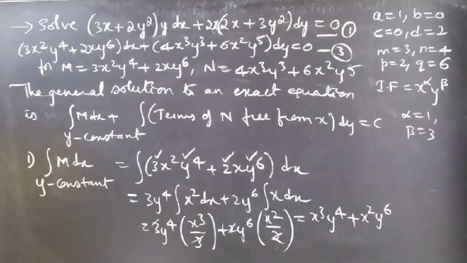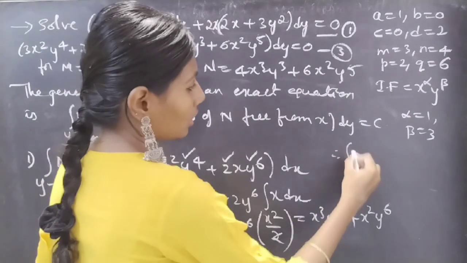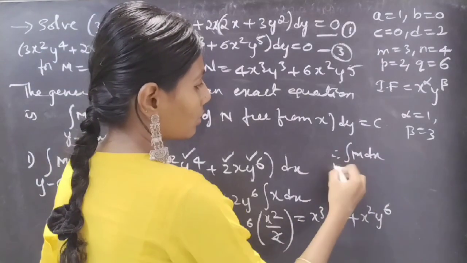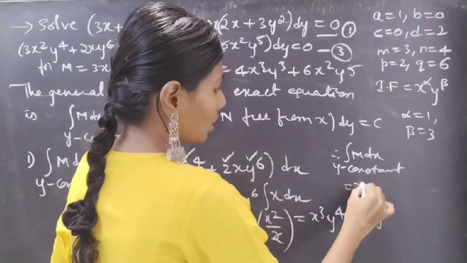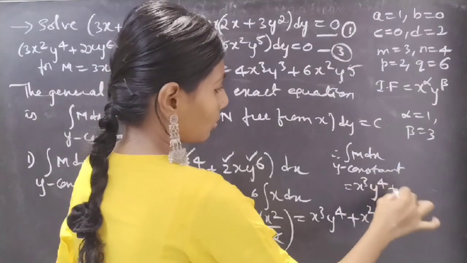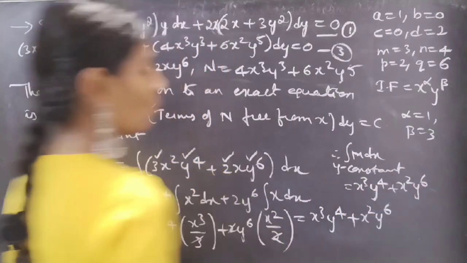Therefore, the integral of m dx treating y as constant equals x cube y power 4 plus x square y power 6.